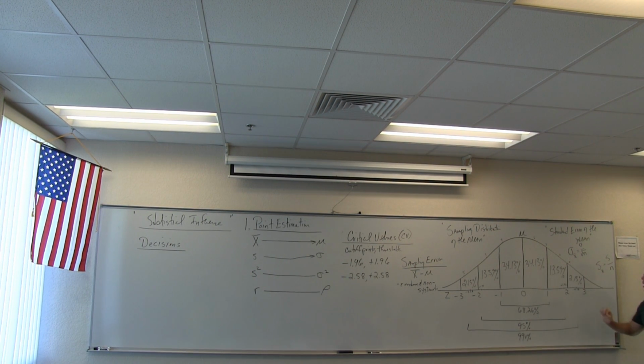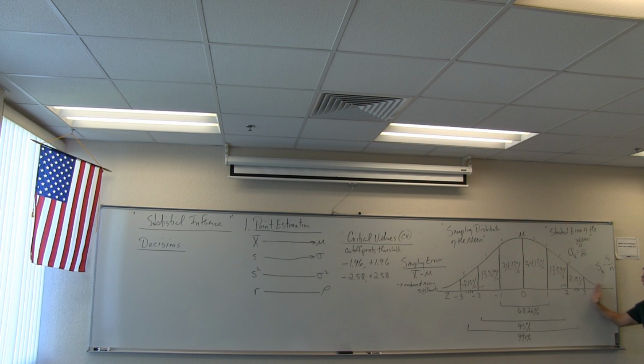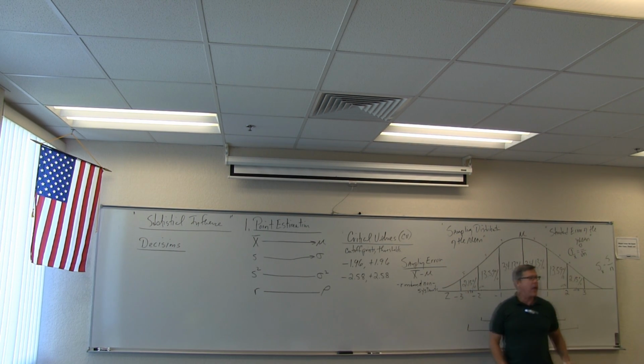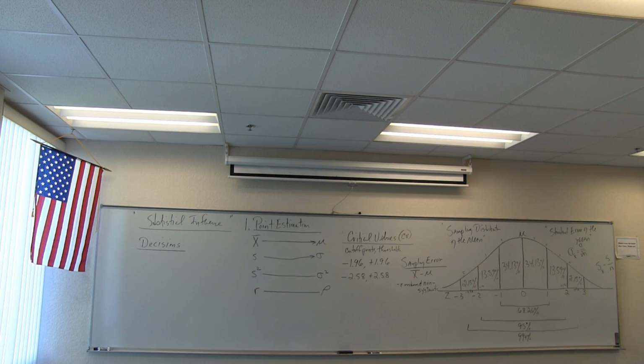Therefore, about 0.5% falls from here back, 0.5% falls from here back. One-half plus one-half equals 1, added to the 99% gives us about 100% of the area under the sampling distribution of the mean. These areas, very, very important. We're going to be using these areas the rest of the semester.